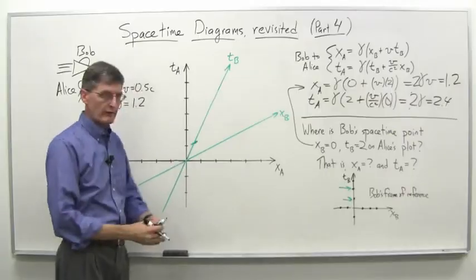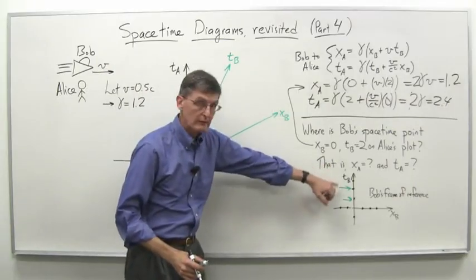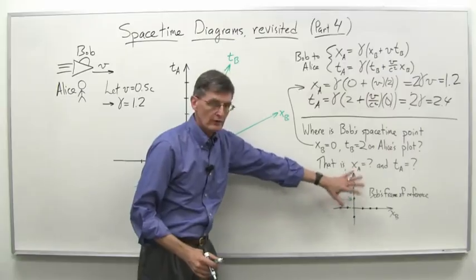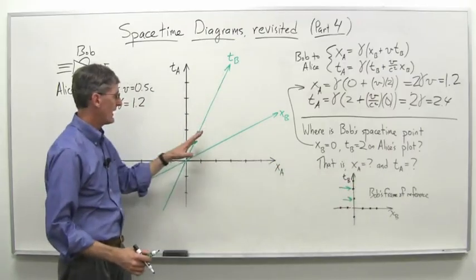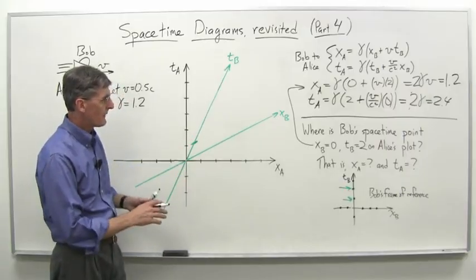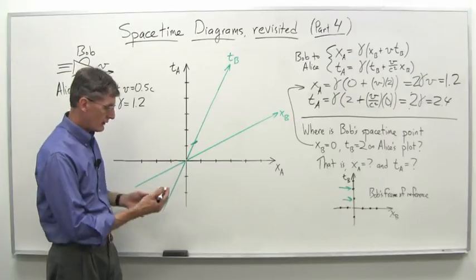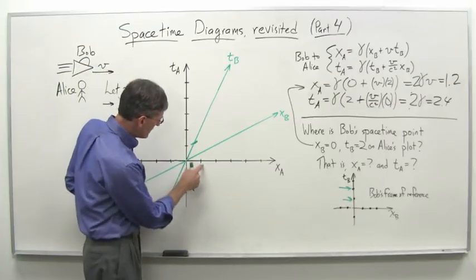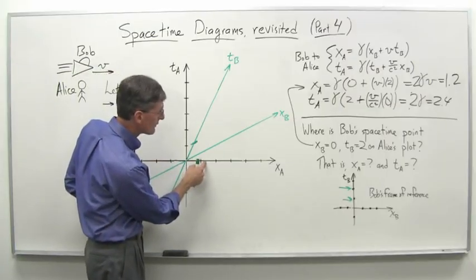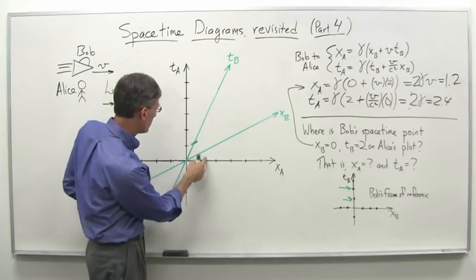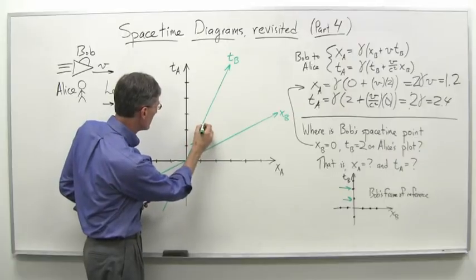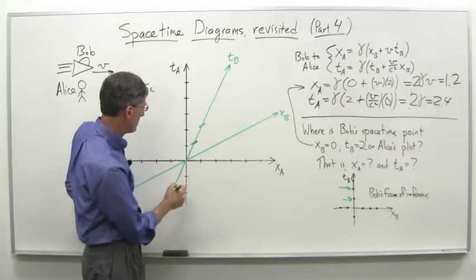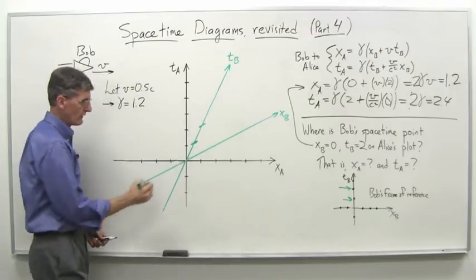So now we have another point. In other words, the point x sub b equals 0, t sub b equals 2, on Bob's plot for his frame of reference, transforms onto Alice's frame of reference into the point x sub a equals 1.2. So here's 1.2 approximately, and t sub a equals 2.4. So if we go up here, roughly speaking, it looks like it's someplace right around there. Okay, so that's that tick mark.